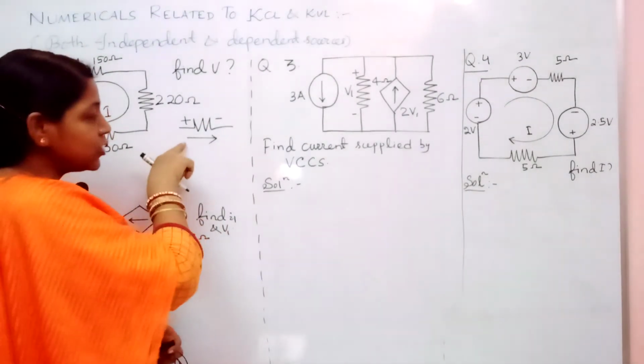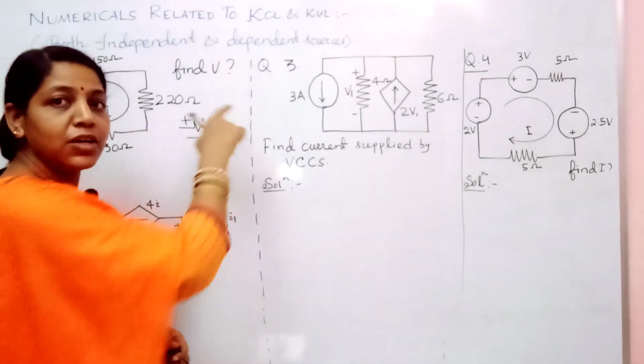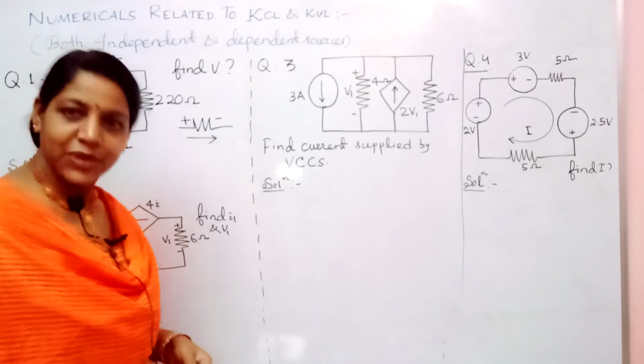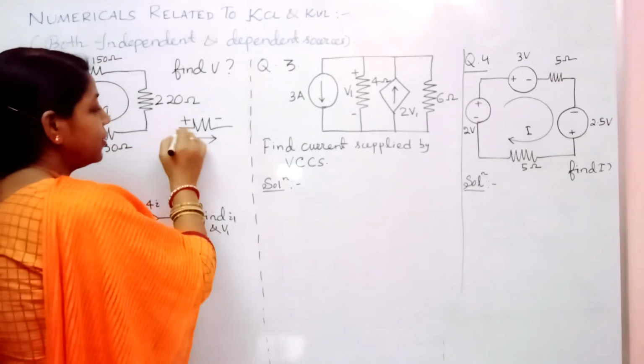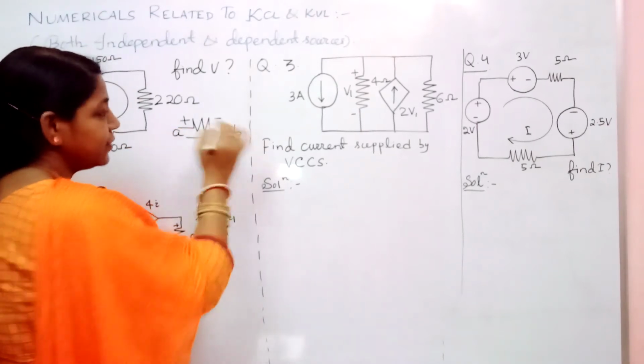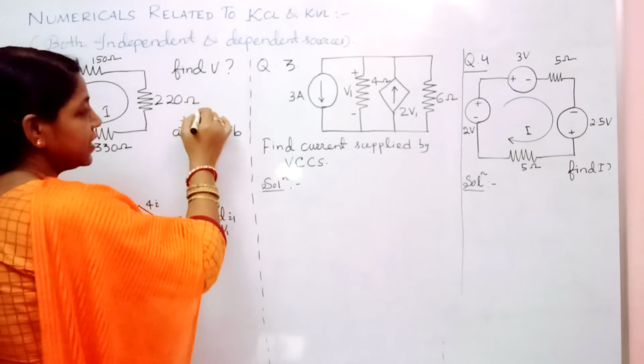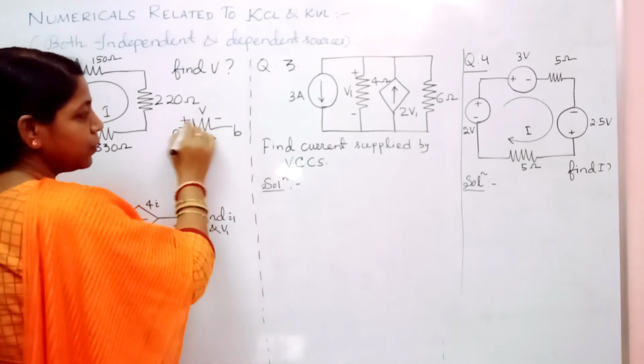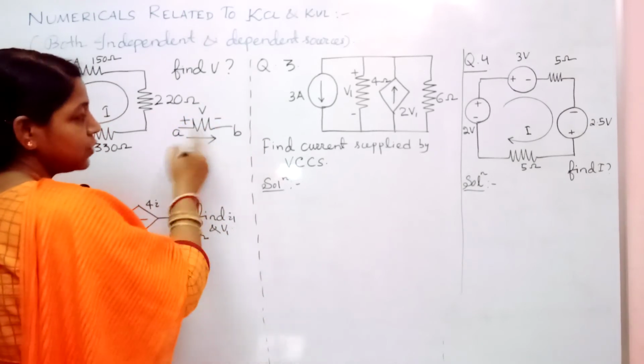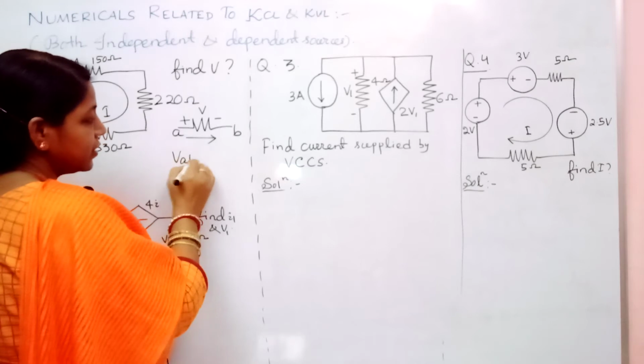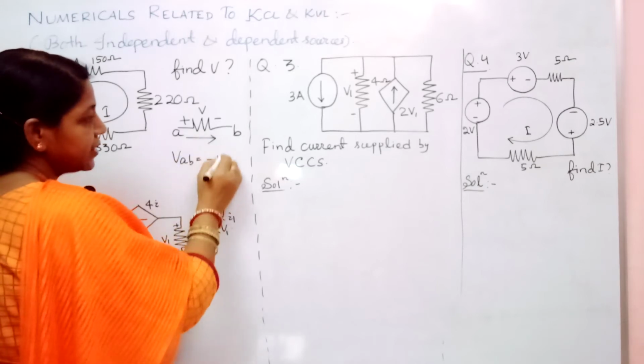Now as current is going from higher potential to lower potential, I told already in my first video, if this voltage is V, now it is going from positive to negative, so VAB is nothing but minus V.